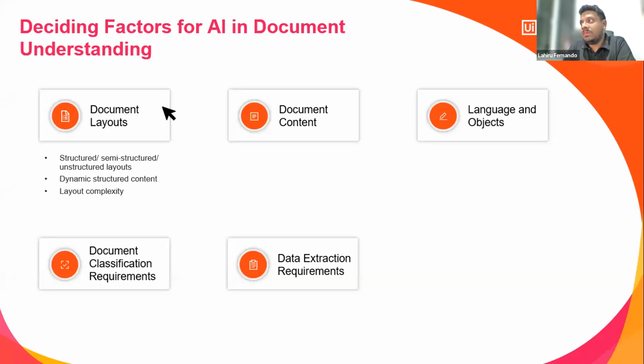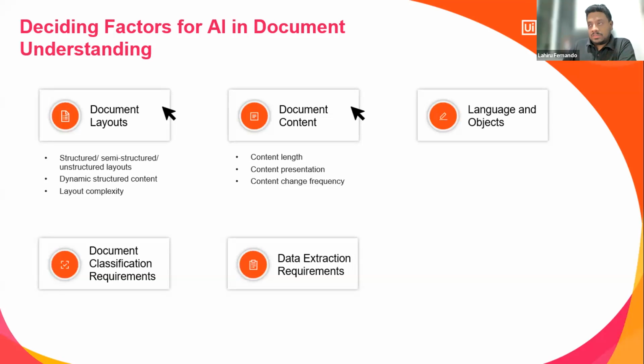And it's not just that. Then comes the document content, the length of the content that you're requiring from the document. So, for example, again, invoice is a simple example where you just need to look at a few fields like the invoice number, date, and so on. But there can be scenarios where you need to extract a lot more information than that. Let's say a paragraph from a legal document, and you need to extract that entire paragraph.